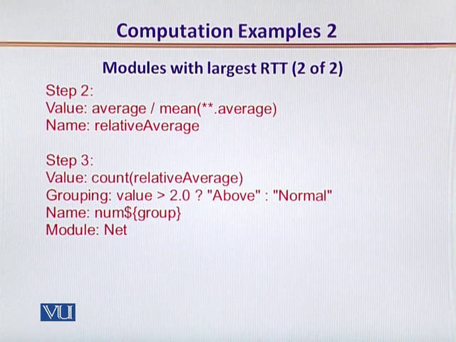And in the third step, we are going to count the relative average, and we are going to look at all those modules for which the round trip time average is exceeding twice the average of the whole network, and then we are going to give the count of these. So what we essentially get is the modules, their numbers, the number of modules which are generating round trip time averages more than the global average of the overall network.